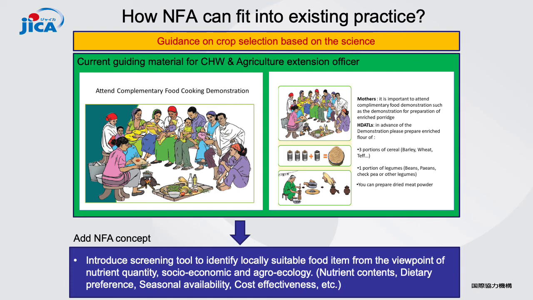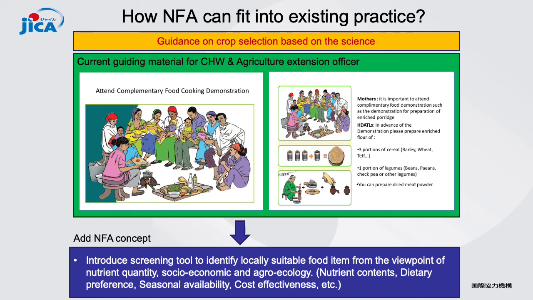One weakness in this established approach is here, identification of the food. In this text, it is explained in a general way. 3 portions of cereal, 1 portion of legume. But with the help from agricultural sector, I believe we can improve this part through application of nutrient-focused approach.